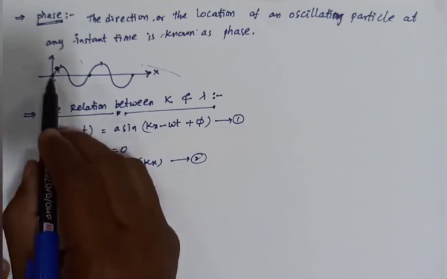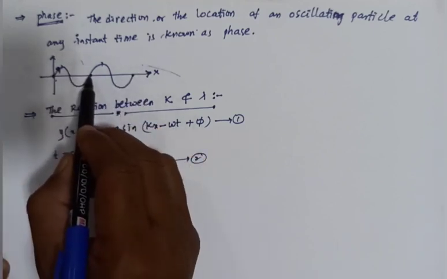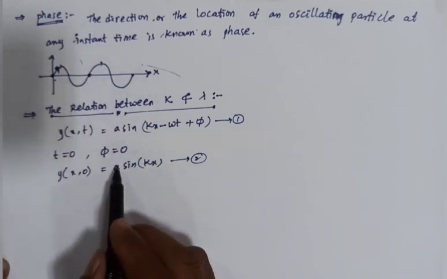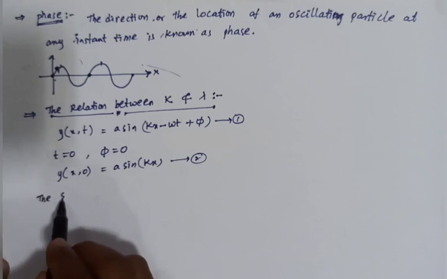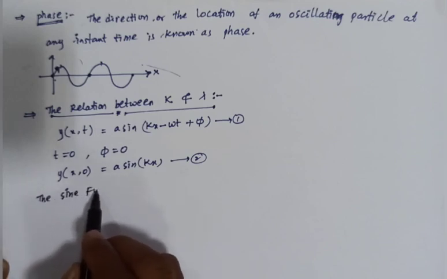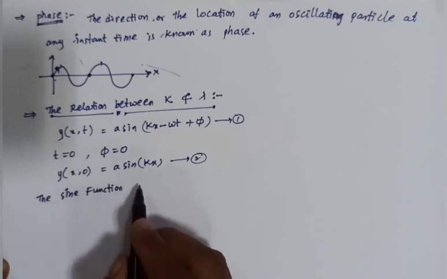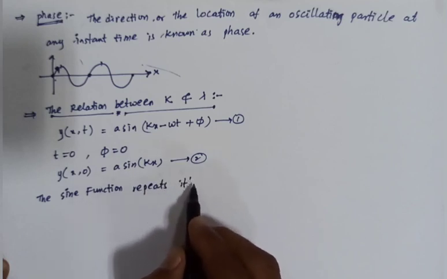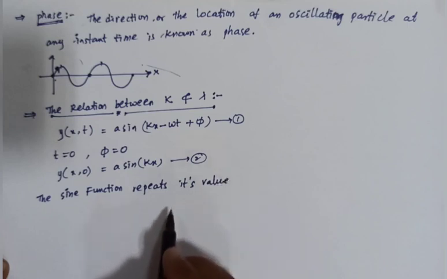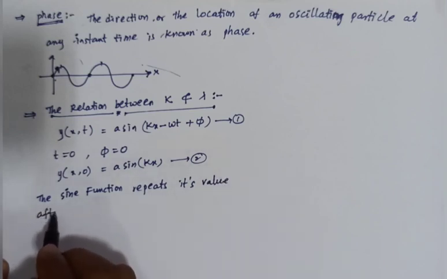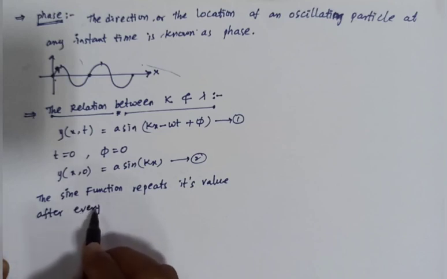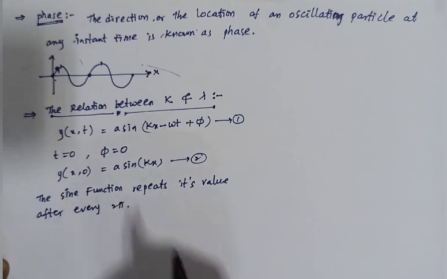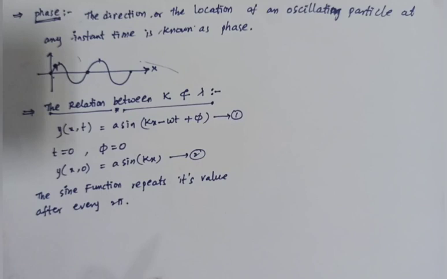We know that the sine function repeats its value after every 2 pi radians.